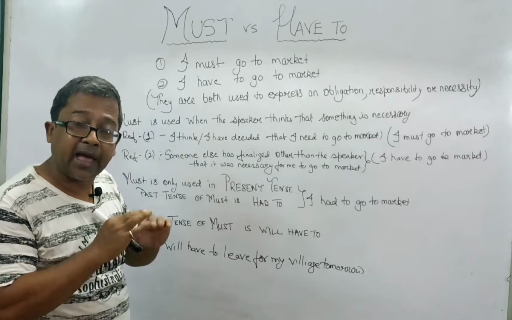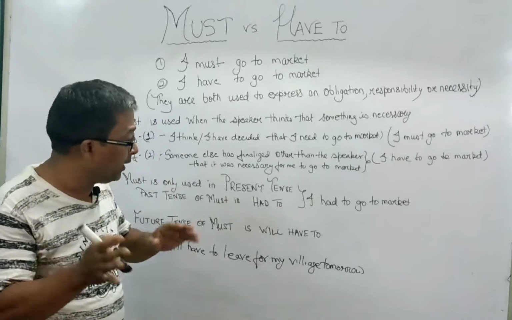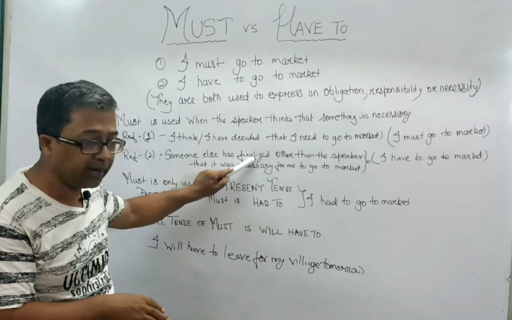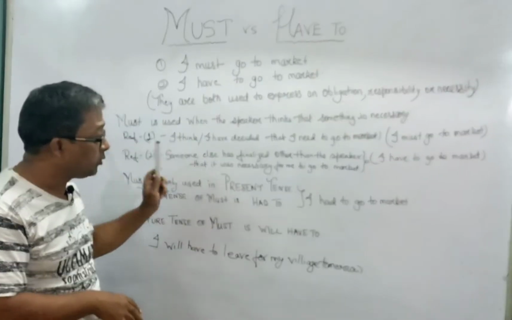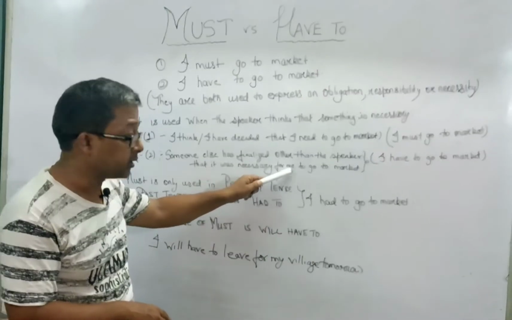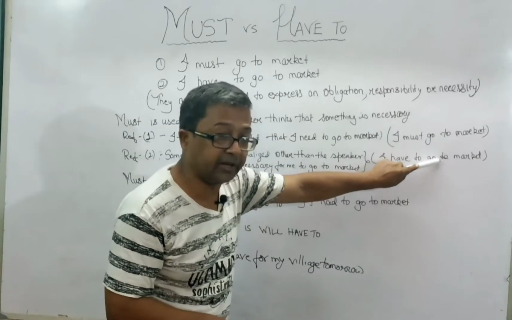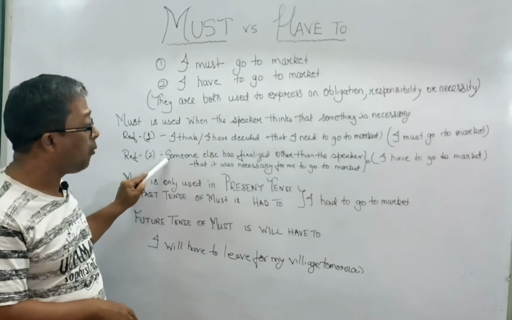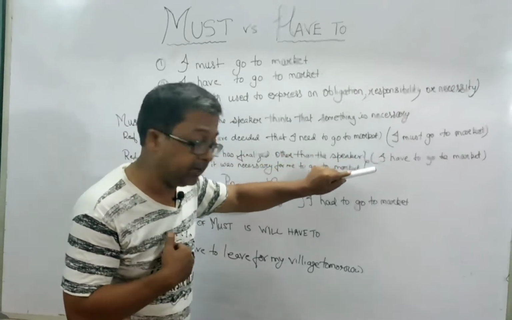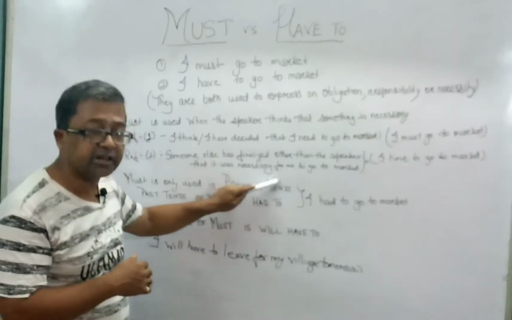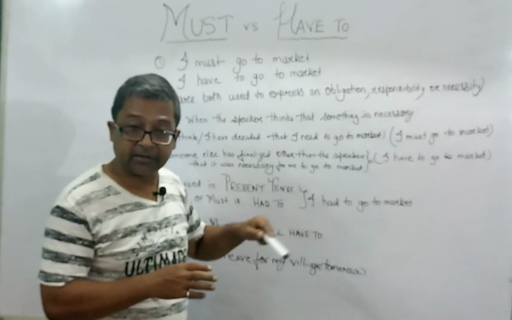Someone else has decided that he or she has to go to the market, that it was necessary to go to the market. So I have to go to the market means someone else has finalized, other than me, that it was necessary for me to go to market.